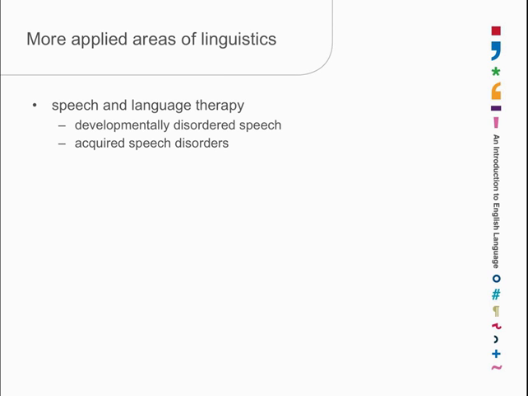That's a very serious matter, because if you think of yourself without being able to speak, even if you could hear whatever anybody else was saying, it would be incredibly frustrating. Well, speech therapists help with that.